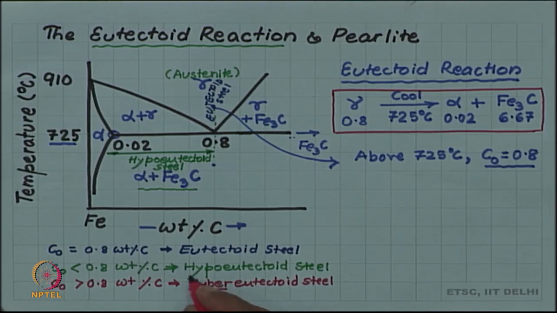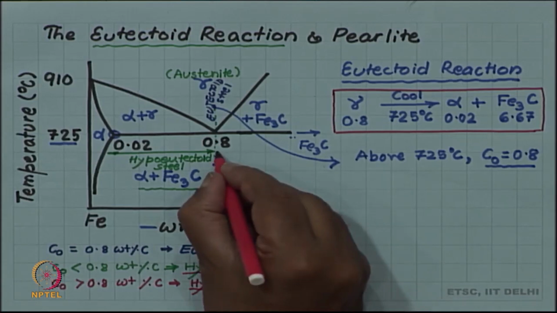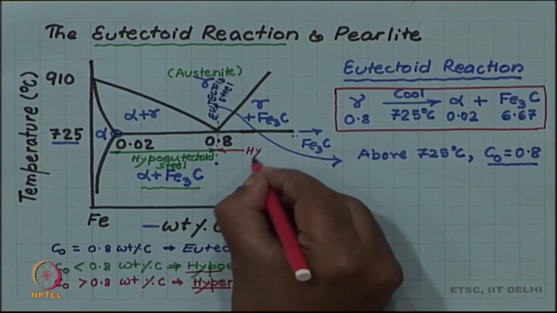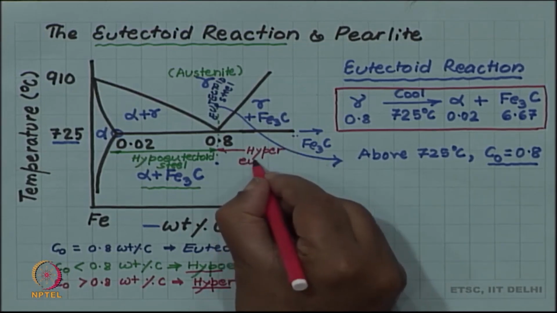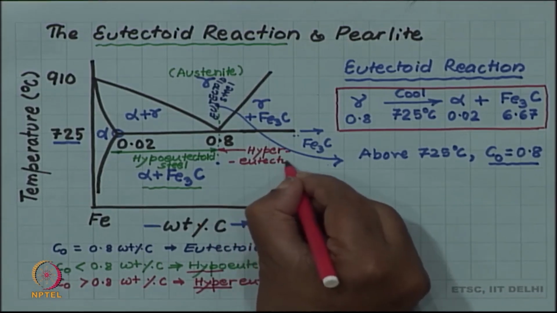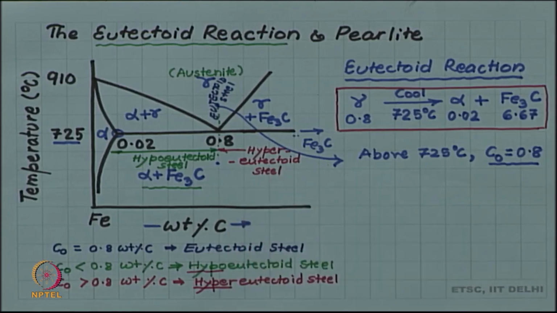Hyper is more, hypo is less. So, hypoeutectoid means the composition is less than the eutectoid, hypereutectoid means the composition is more than the eutectoid. So, in this range you have hypereutectoid steel. So, this is the nomenclature.